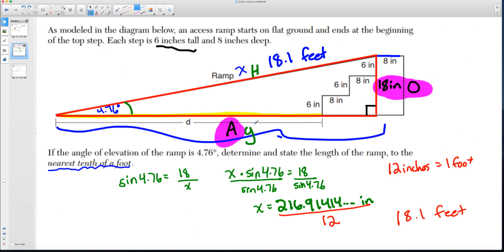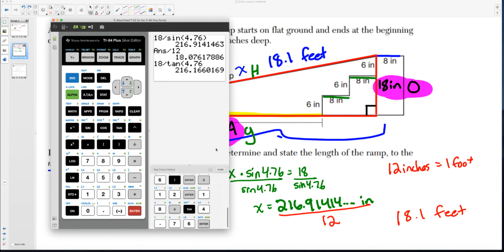But now remember, this whole thing is 216. But we need to subtract away 16 units because we need to subtract this 8 and this 8. So I'm going to now subtract 16.